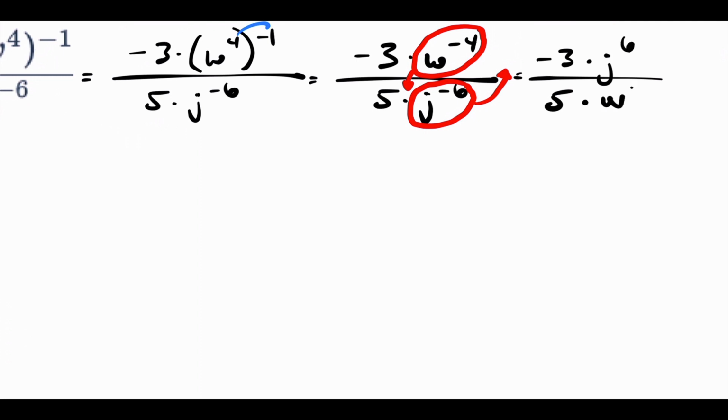W to the 4th is going to be on bottom now because it moved to the bottom, so it's positive. Now, can I cancel out any J's and W's? No, because there's only one J and there's only one W. And I can't reduce -3 and 5 because there's nothing that can divide them, so I'm done.